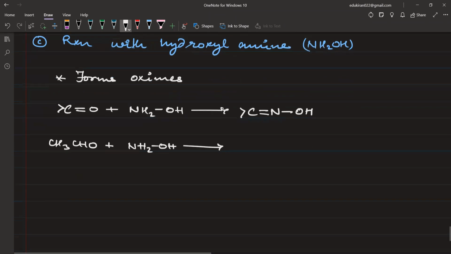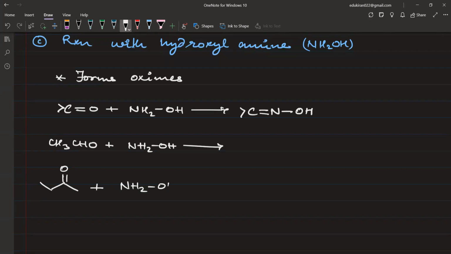Write the products for this on your own. Double bond N, the Z is OH here, so double bond N and then OH.